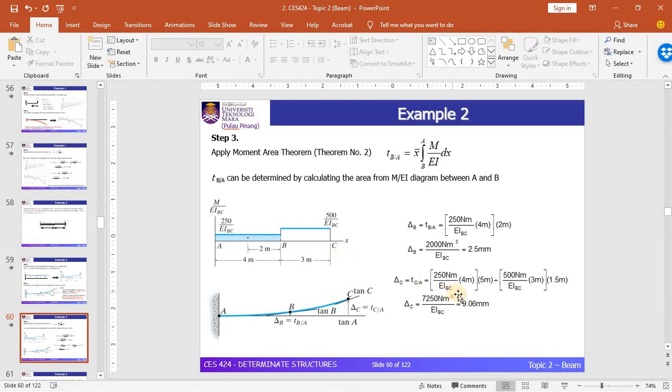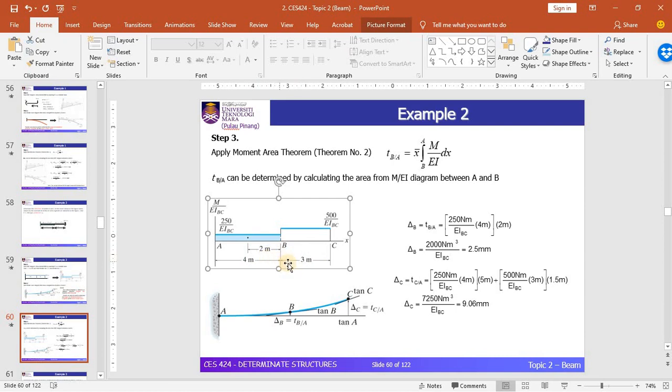Let's look in detail at the first term. Here you can see this is the area and this is X bar. 250 divided by EIBC multiplied with the 4 meter is the area for AB, the rectangle from A to B. And the X bar is measured from the center of this rectangle towards point C, which is 4 divided by 2, equal to 2 meter, plus 3 meter.